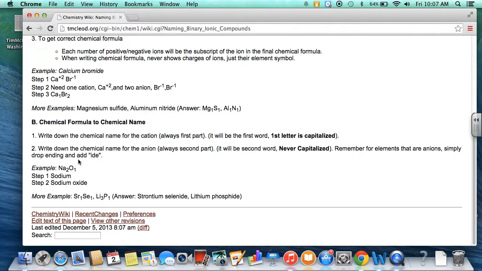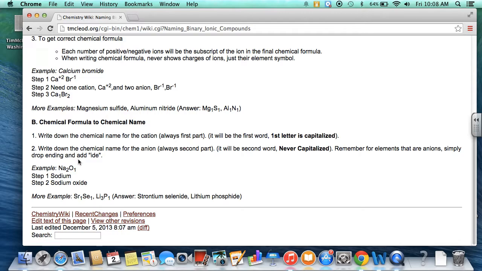So all you do is name the anion. The anion name, of course, is drop the ending and add IDE, because you've been memorizing all the anions all along. So for oxygen, you drop the ending and add IDE, and it's called oxide. So the name is sodium oxide. Remember that the first word is the cation name and the second word is the anion name.